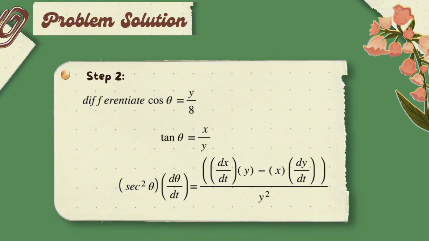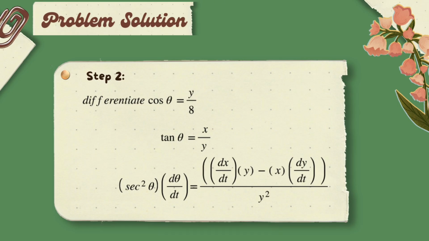Next, we have to differentiate. We make it tan theta equal to x over y, because using TOA, tan is opposite over adjacent. So we differentiate tan theta equal to x over y.